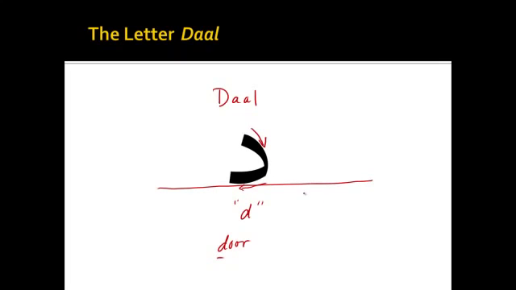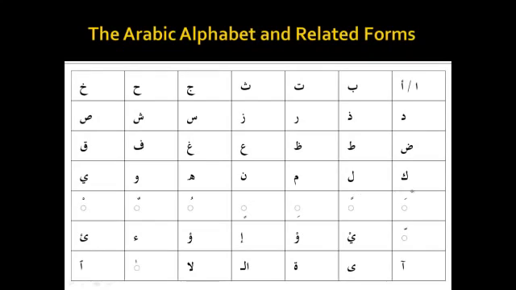So let's look at it in the different positions, the 4 different positions for the Arabic letters. Before that, we'll identify where it is on the alphabet. And here we go. Here's the daal in the alphabet. Again, we're going from right to left.